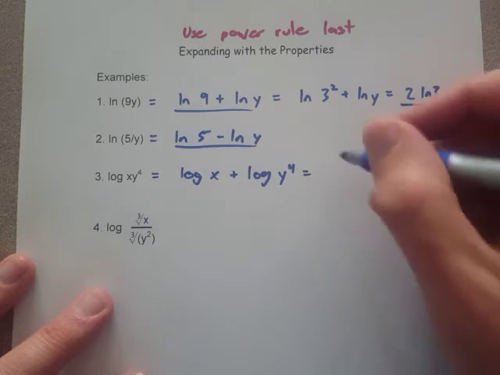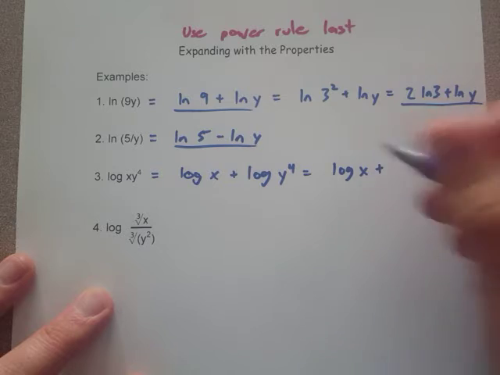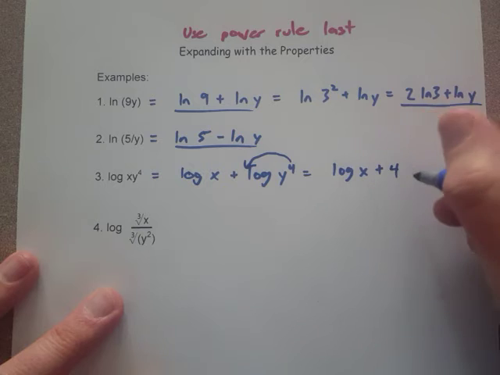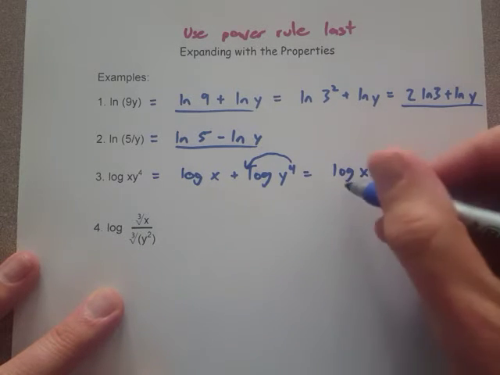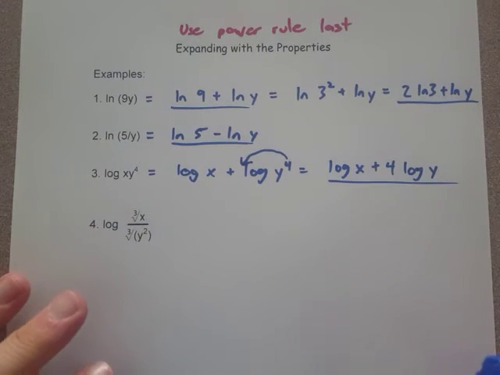The second step then would be keep the log x, move the 4 out in front to make it 4 log y. And that will be our end result for number 3.